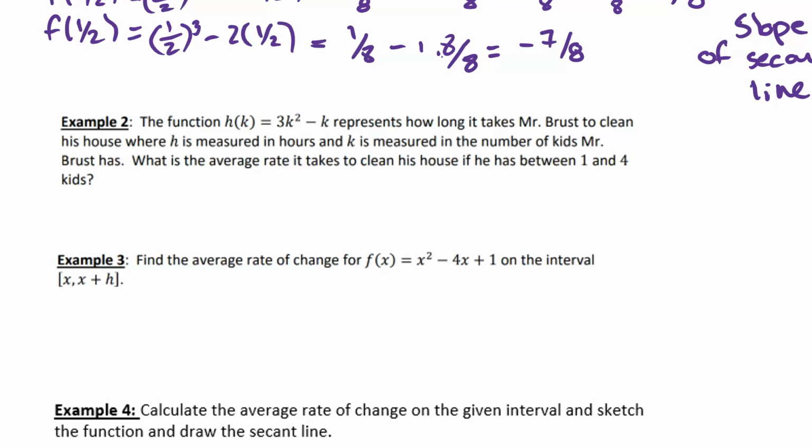What is the average rate it takes to clean his house when he has between 1 and 4 kids? So now we're looking at h of 4 minus h of 1 over 4 minus 1. That's the average rate of change, remember, or the slope of our secant line.